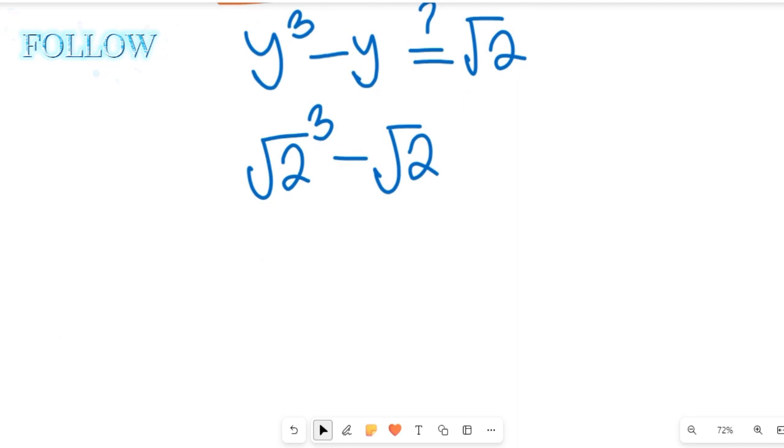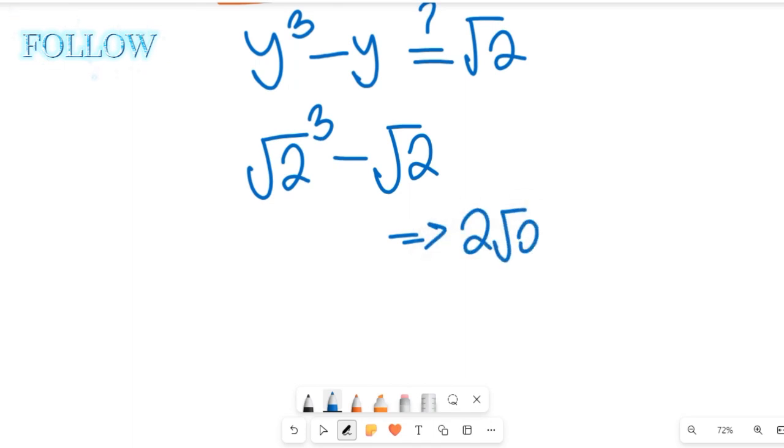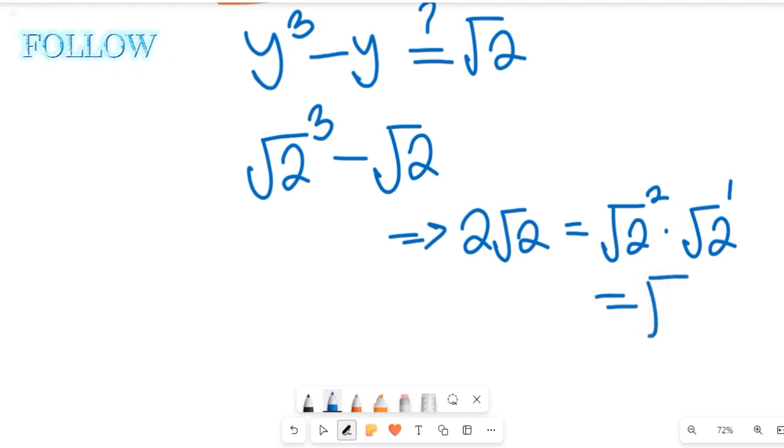Now recall an expression we did. We said from that expression initially that 2 root 2 can be equal to root 2 square multiplied by root 2 to the power of 1, and we say it's equal to 2 to the power of what?